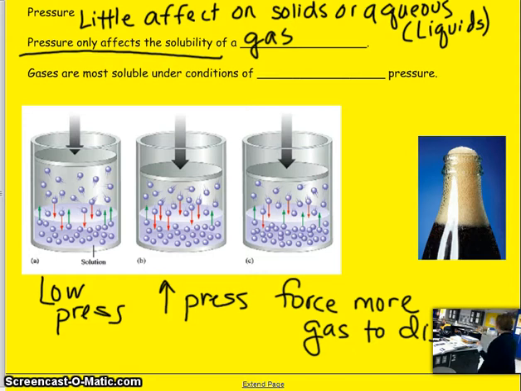So next to the picture of your soda pop, it says carbonated beverages are bottled at high pressures to ensure a high concentration of carbon dioxide in the liquid. High pressure increases the solubility of a gas. So gases are more soluble under conditions of high pressure.